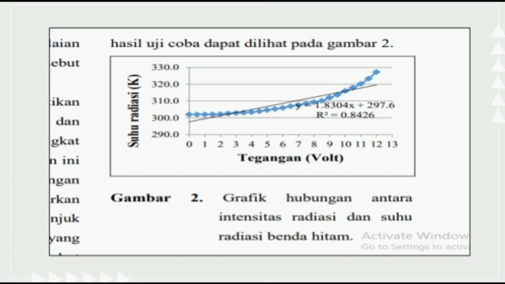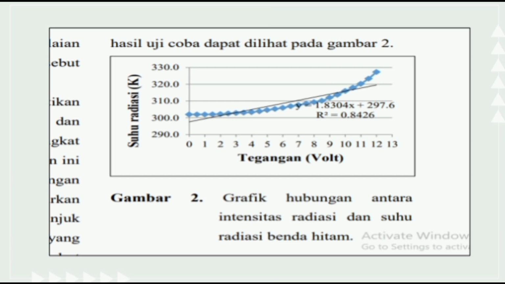A linear trend line is displayed showing a positive relationship. Disadvantage. No explanation of the meaning of the trend line and R squared value. Limited data range, 290 until 330 Kelvin, may not represent the entire phenomenon.